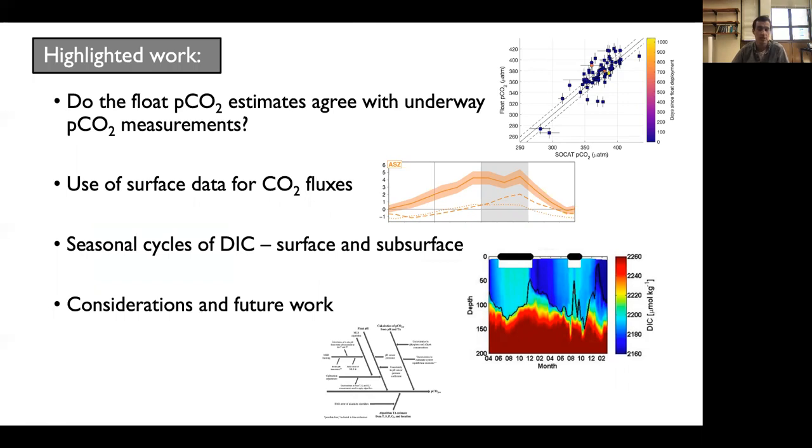And so it's important to continue to validate it and not just trust it blindly. I'll show some examples of the use of surface data for CO2 fluxes. I'll show a few papers that looked at seasonal cycles of DIC, both at the surface and subsurface, and what that tells us about the carbon cycle. And then I'll talk a little bit about considerations when using this data and future work that we might hope to see.